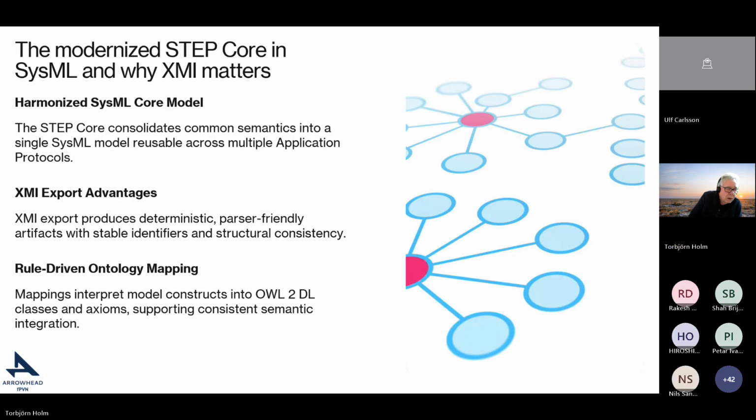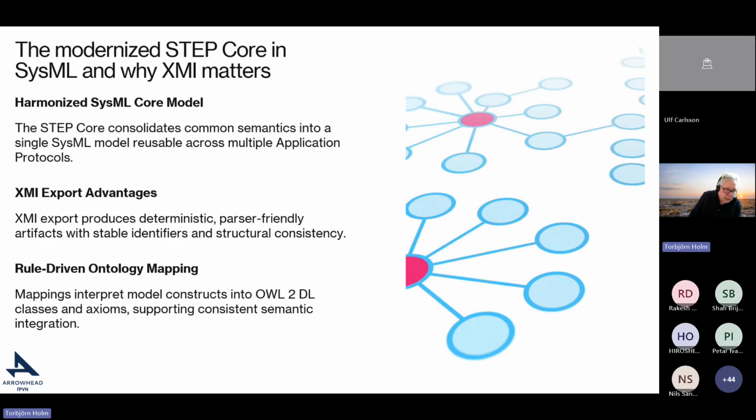The SysML is done using MagicDraw, which is called something else nowadays under the Dassault product, but the XMI is generated automatically from the SysML models. And it generates this rule-driven ontology mapping.